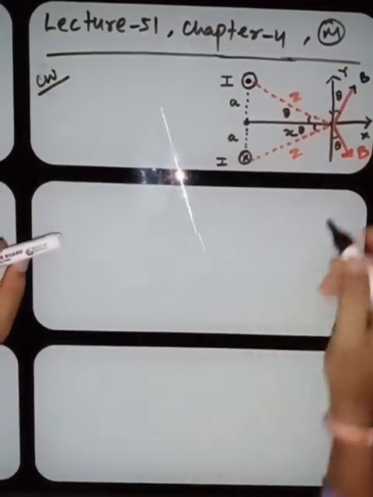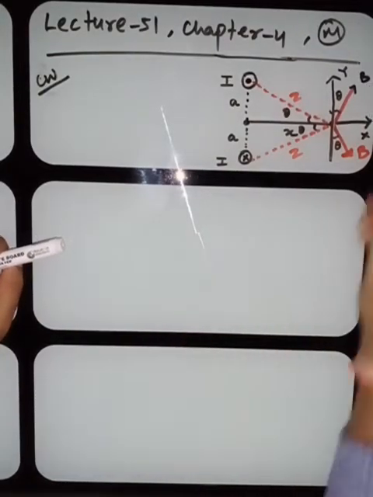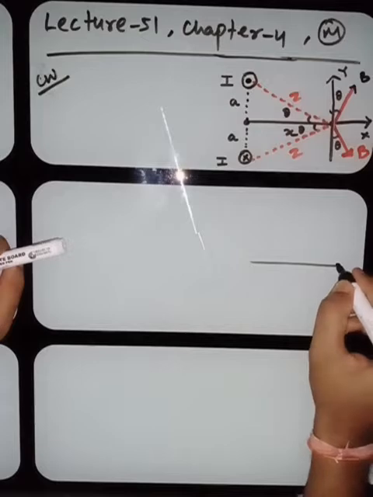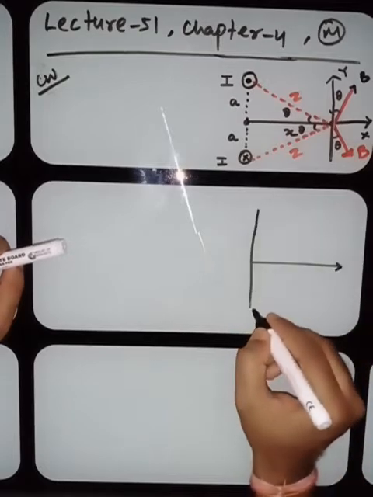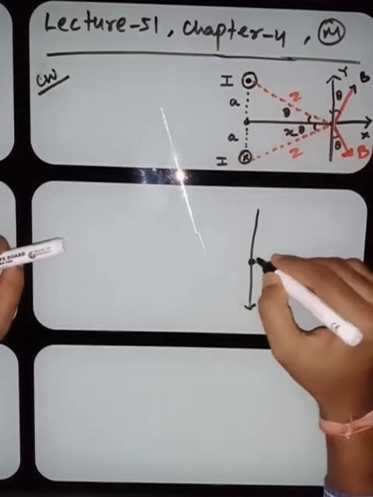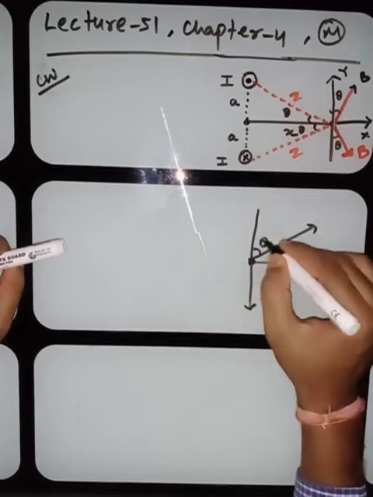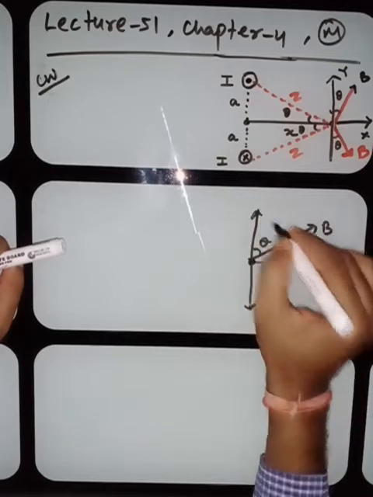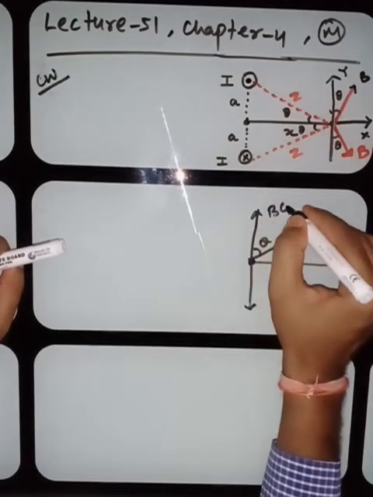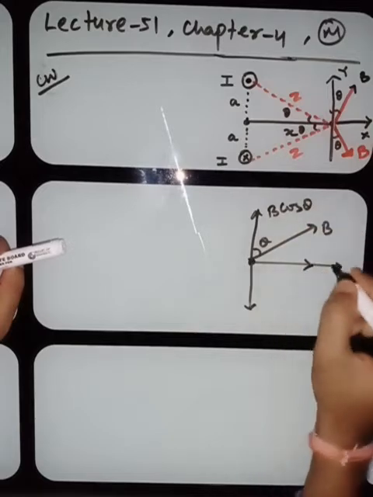Now this B has two components: B cos theta and B sin theta.